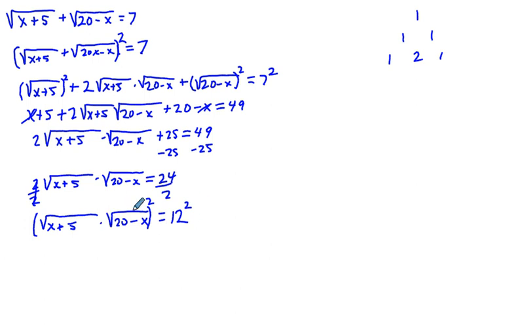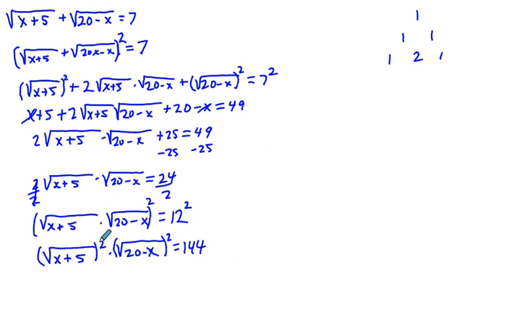And when we do that, that leaves us with quantity x plus 5 times quantity 20 minus x on the left side, and on the right side, we have 12 squared, which is 144.